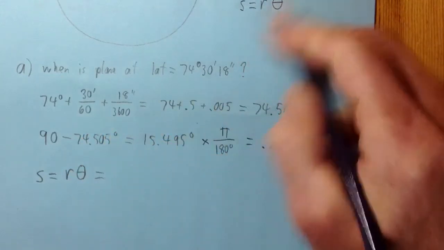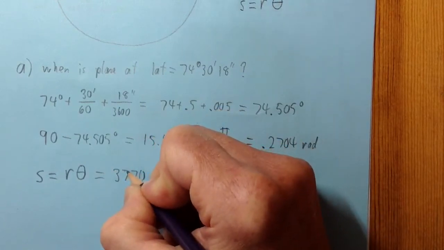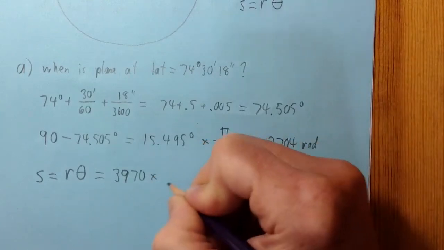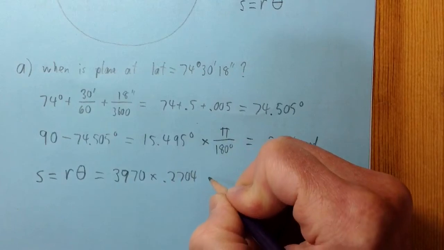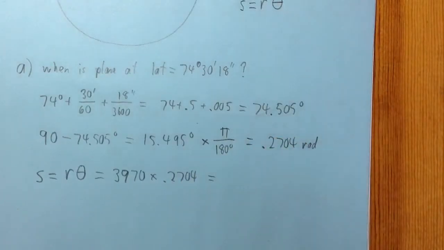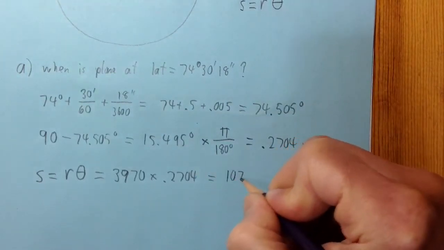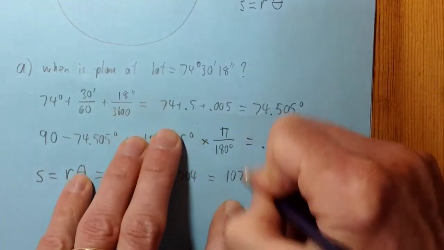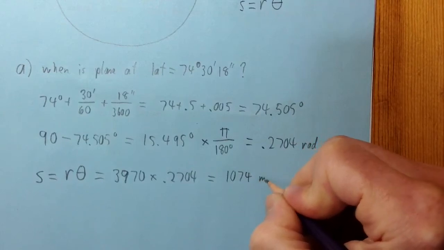And R we figured out was 3,970, the Earth's radius plus 10, times 0.2704. So times 3,970, that's 1,073.6, I'll just say 1,074 miles.